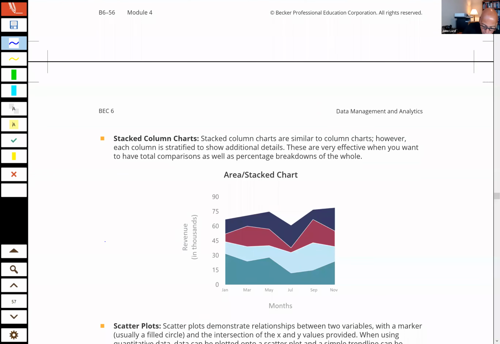Stacked bar columns are similar to column charts. However, each column is stratified to show additional details. What's missing here? Do you get anything meaningful out of this? There's nothing to compare. Where's the legend? We'll talk about legends a little bit later, but you absolutely need a legend.